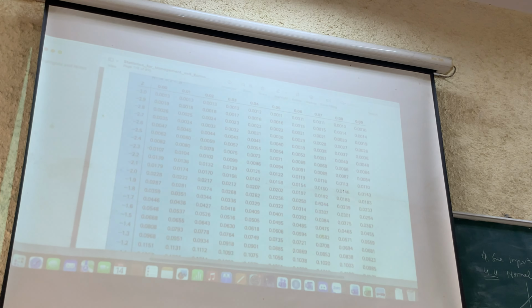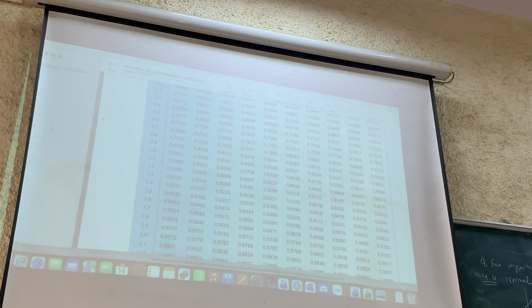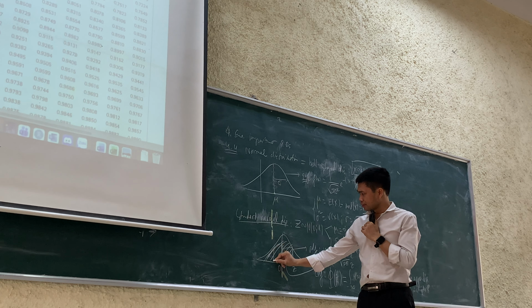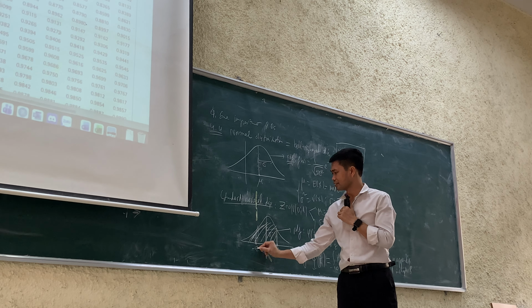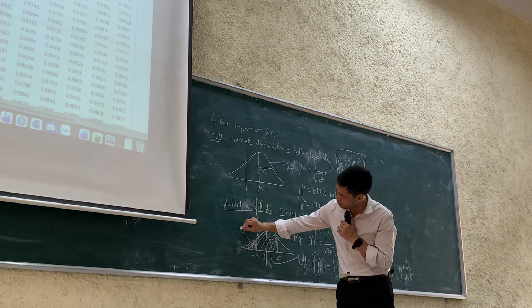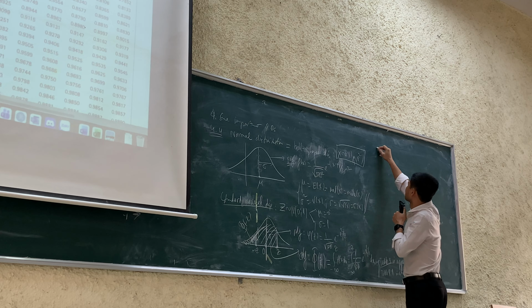Okay. But in the exam, you are only given the value of the function phi at the negative point. For example, here's the z, so here's the minus z, at the left hand side, and minus z gives phi of minus z. So I want to find phi of minus z.